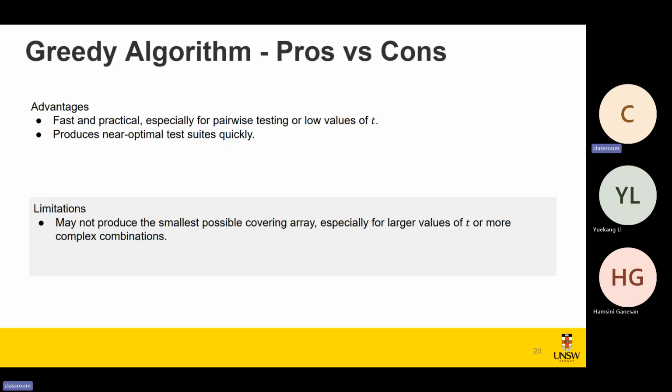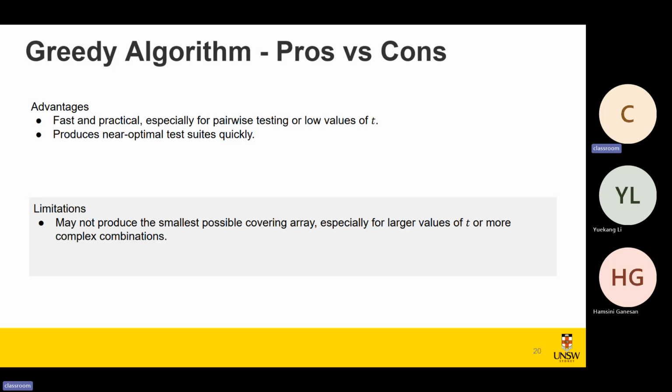However, there are some limitations for this algorithm as well. It may not produce the smallest possible covering array because, like most greedy algorithms, it doesn't provide us the global optimal solution. This is especially so when we have a larger value of t or more complex combinations of input values. Just now, the input parameters could only take 2 values per parameter.